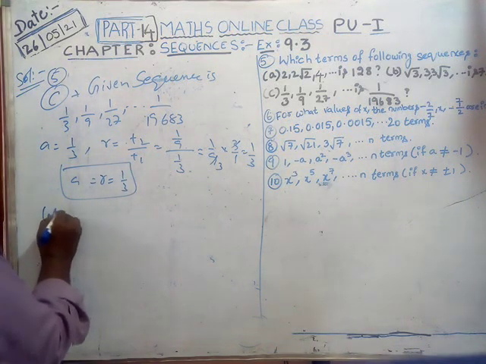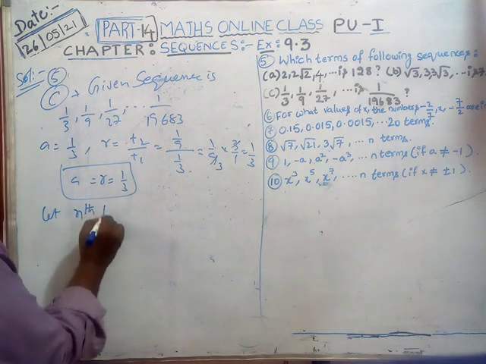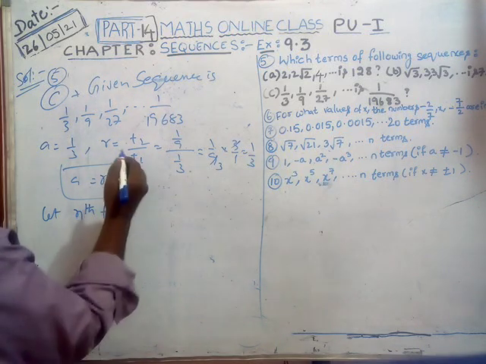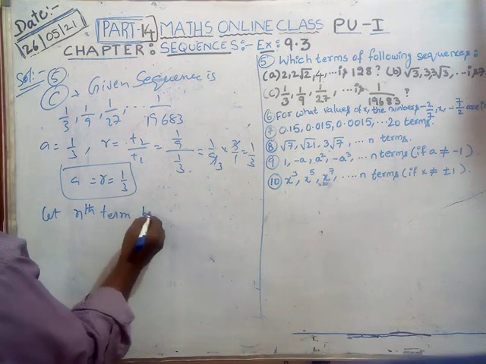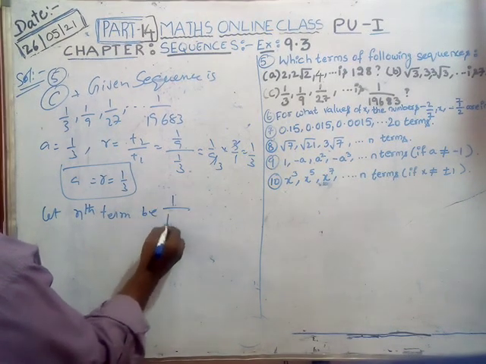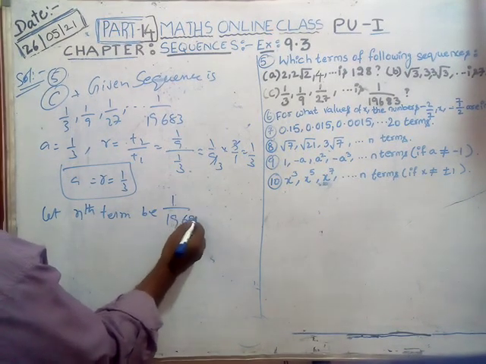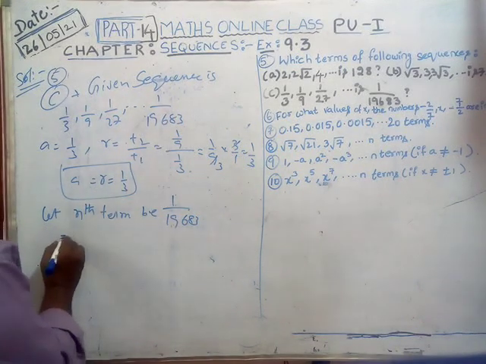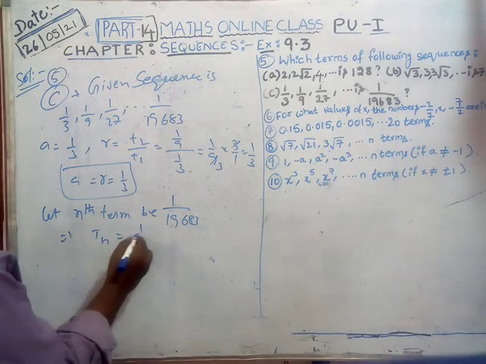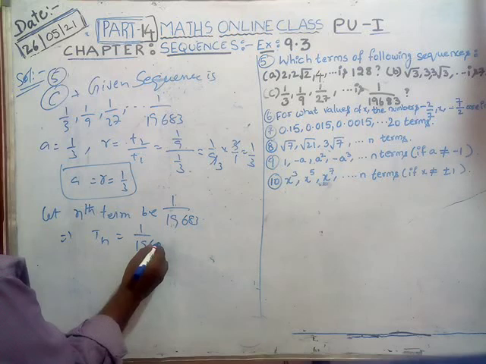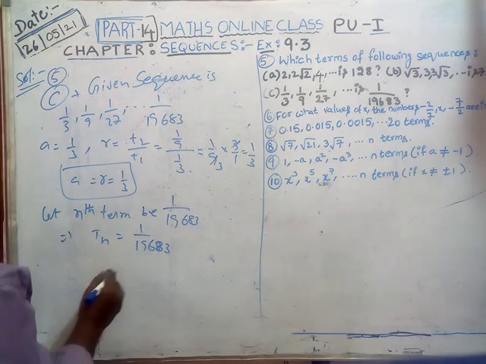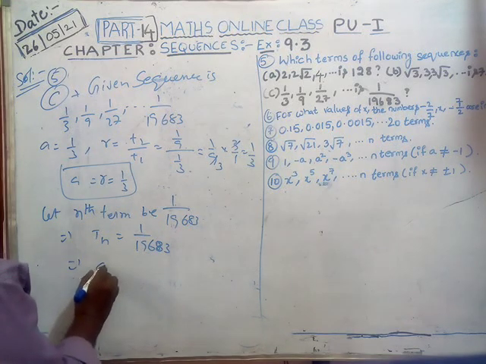Let the nth term of the sequence be that is 1 by 19,683. Nth term means Tn is equal to something. Okay? What is Tn?